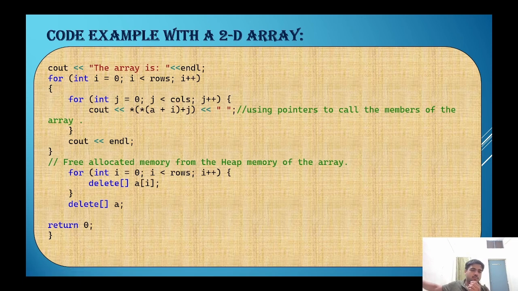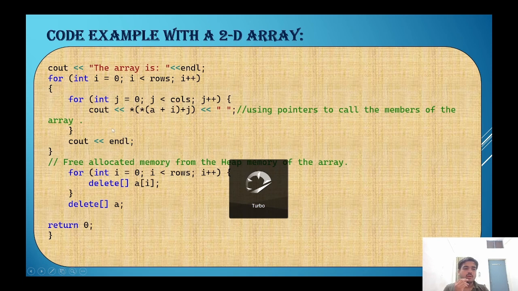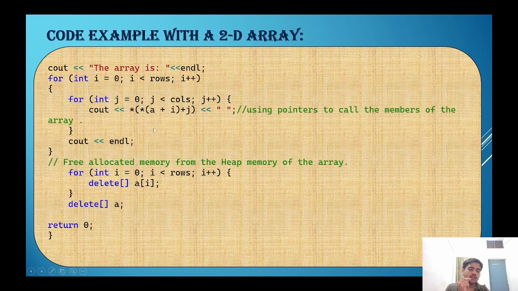For j plus plus, we are taking the output of the elements of the array using the dereferencing operator. Here, asterisk, bracket, asterisk a plus i, close bracket, plus j represents how the output of each and every element is taken. For i is equal to 0, it represents the first row, and star a represents the dereferencing of the first row, that is a0.